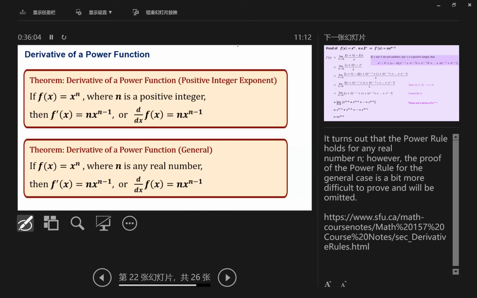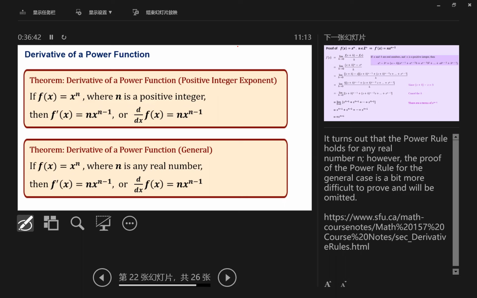Then the derivative of f(x) equals n times x to the power of n minus 1, or df(x)/dx equals n times x to the power of n minus 1. It turns out that the power rule holds for any real number n. However, the proof of the power rule for the general case is a bit more difficult and will be omitted here in this course.